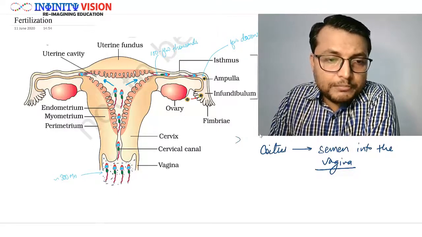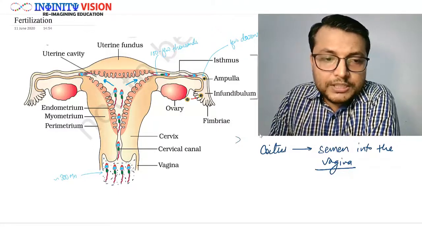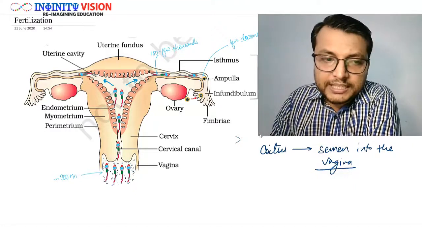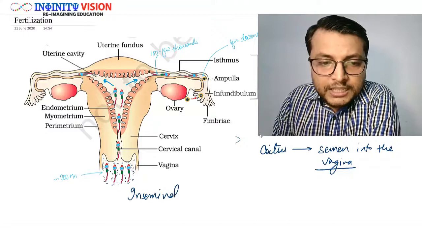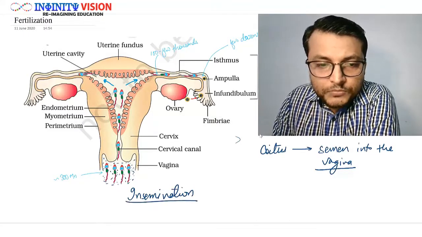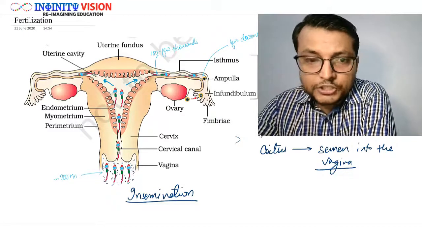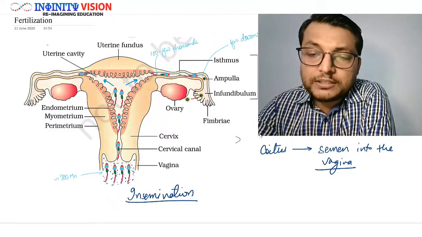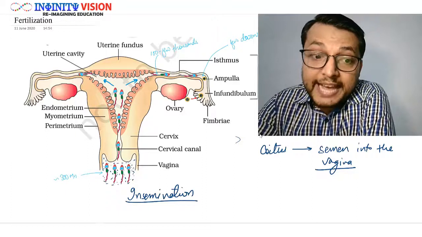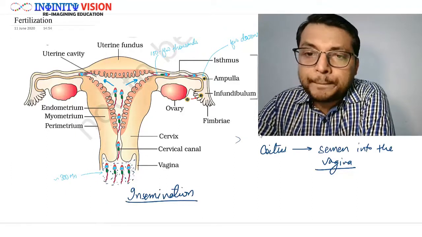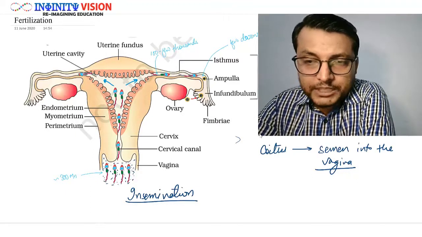Here the male is depositing the semen inside the vagina, and that's why this process is called insemination. So what is insemination? The process of depositing the semen inside the female genital tract or into the vagina is called insemination.